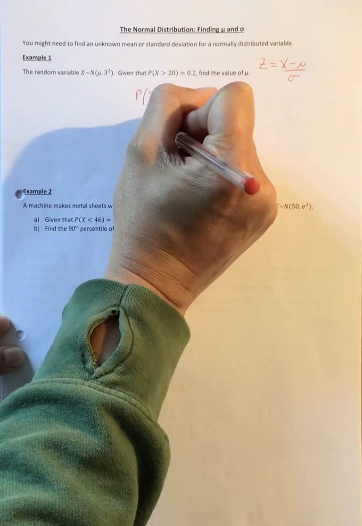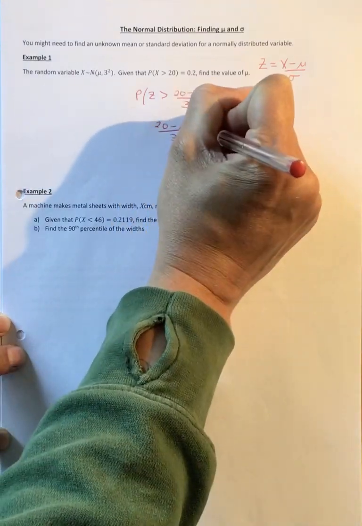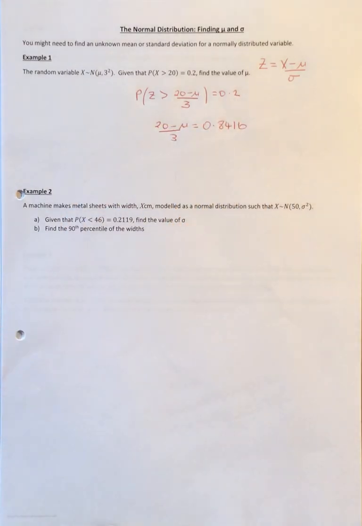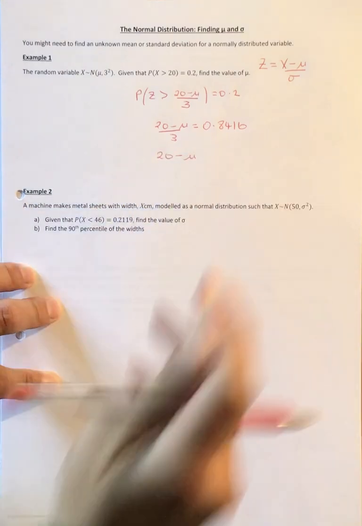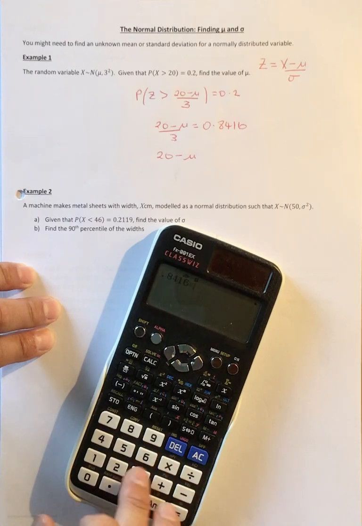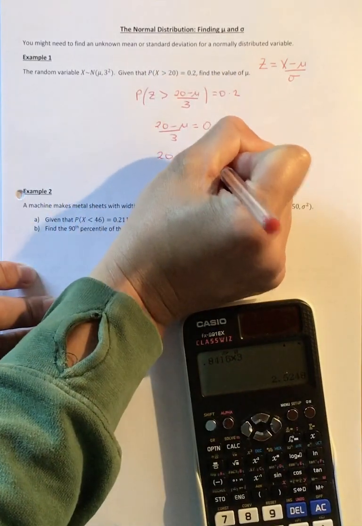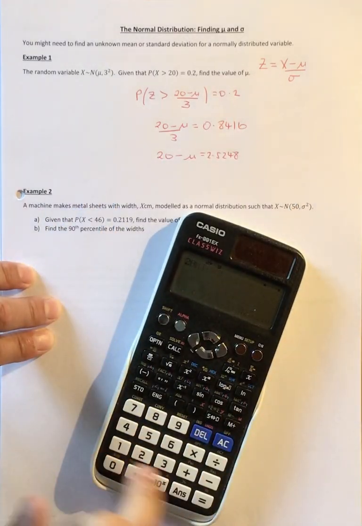So that value of 20 minus mu over 3 must be 0.8416 from our table. And then it's just a case of solving this equation. So multiplying by 3 and then doing 20 take away our value.